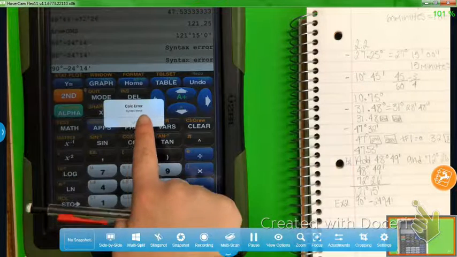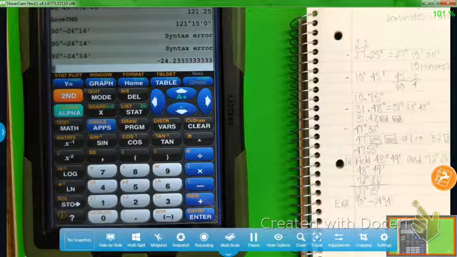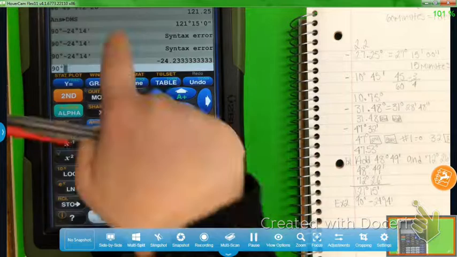I'm not sure why it's not liking the syntax. It doesn't like that symbol. Is that the right answer? Nope, that's not the right answer. Unfortunately, it multiplied those. Okay, well, let's go back to that again, and let's type in 90 degrees and 0 minutes and see if that helps.